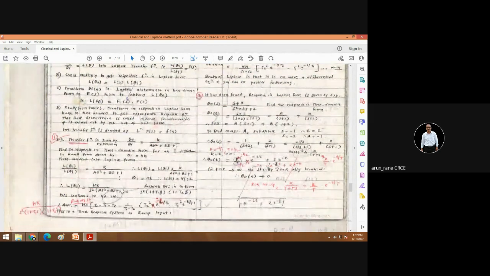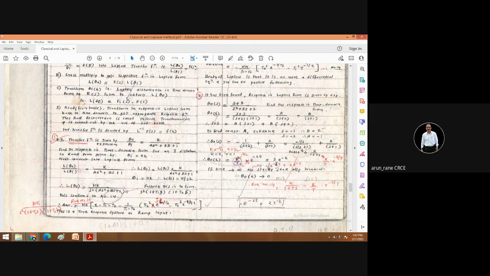Okay, so first example, look at this. The transfer function is given by theta O upon theta I. So one question on this will come in the examination. Theta O upon theta I is equal to k upon A D square plus B D plus 1.